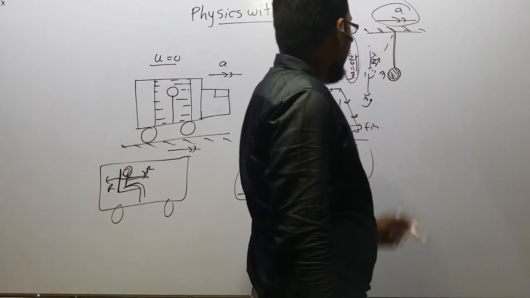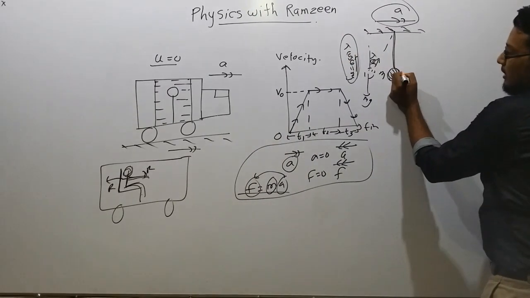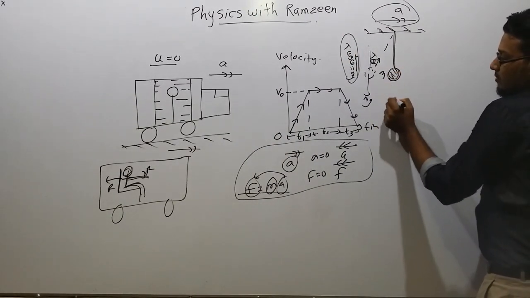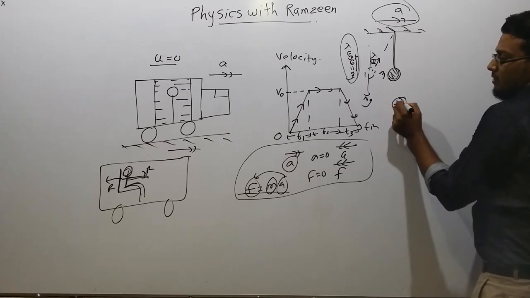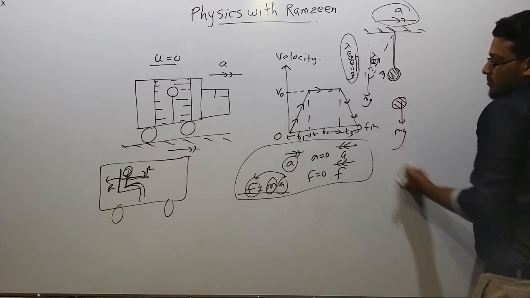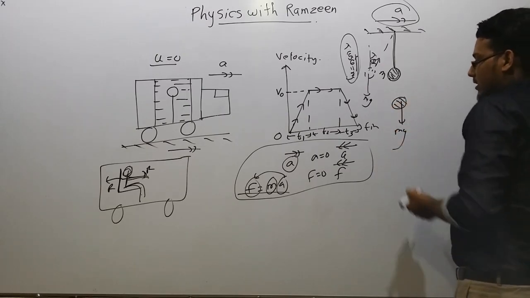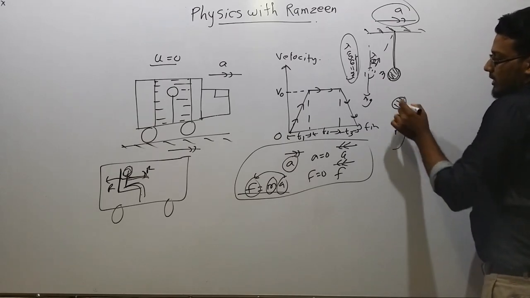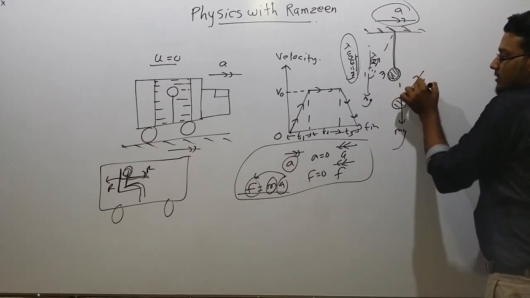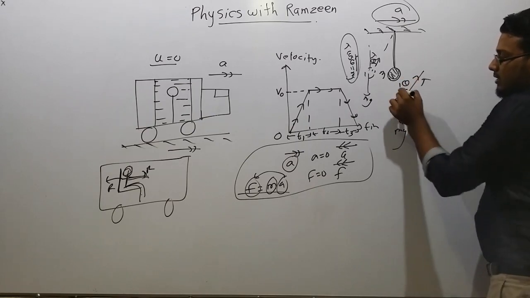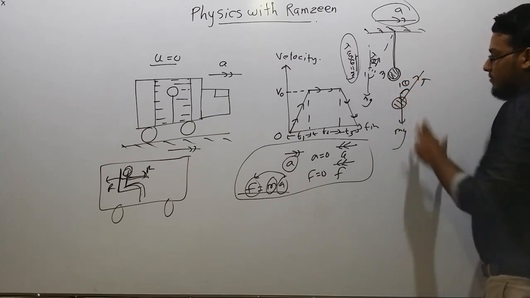The mass also needs to be accelerated. So when we consider the free body diagram, mg is acting on the body vertically downward, and the tension T is acting in the direction of theta.